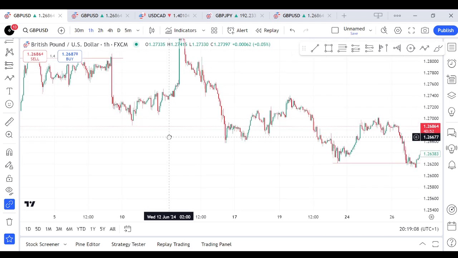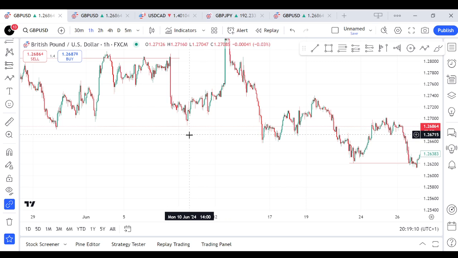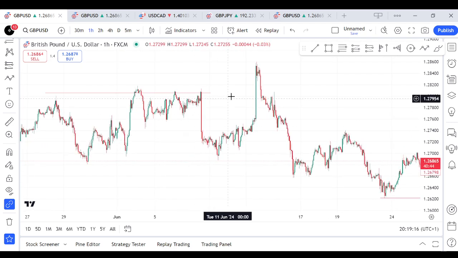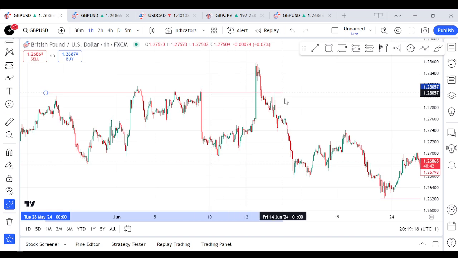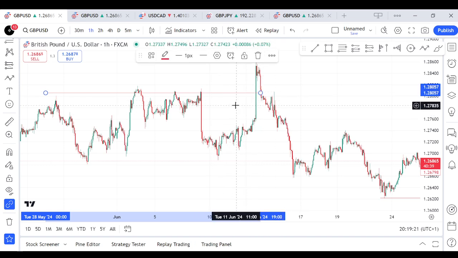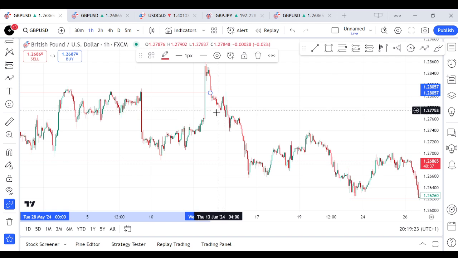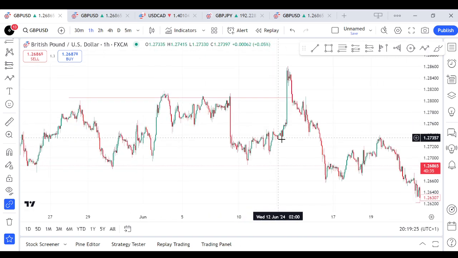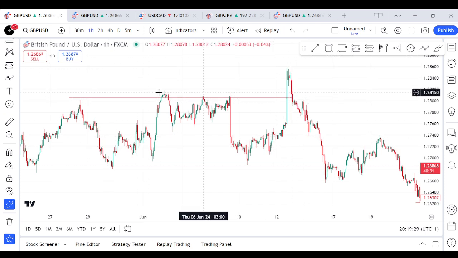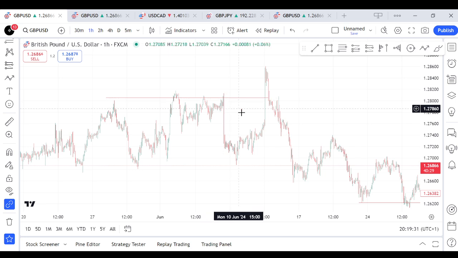The more times a level is touched, the weaker it becomes. Understanding this concept helps you gauge when to trust these levels in your trading. You can see price invalidating this resistance level right here, sweeping it. You can see price giving us this very aggressive sweep of this major resistance level here.